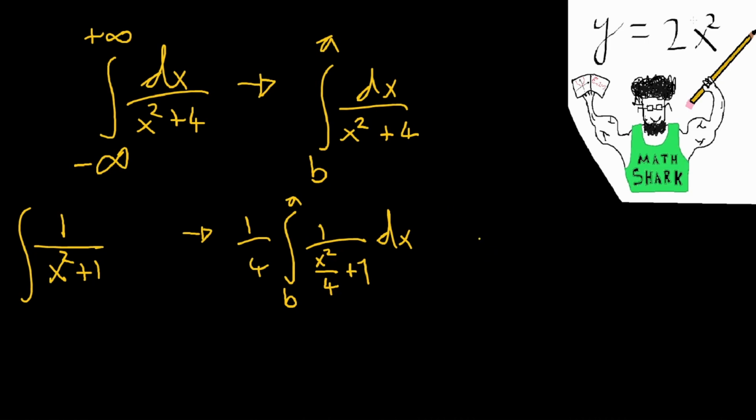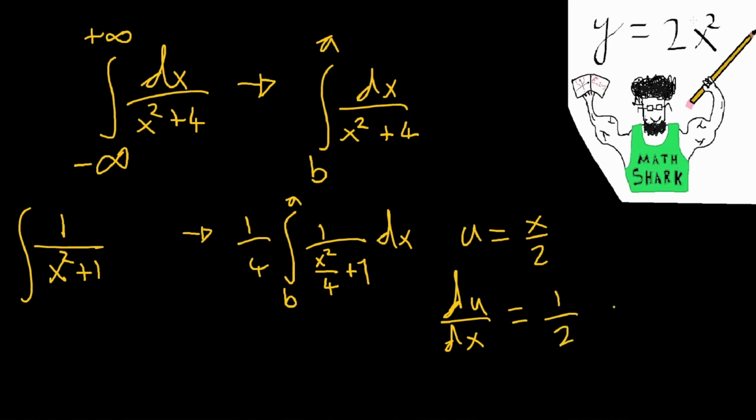We can replace x over 2 with u in order to get u squared, right? So u equals x over 2. So u squared is x squared over 2 squared, or x squared over 4. And now that we can replace this with u squared, we differentiate u with respect to x, and we get a half.